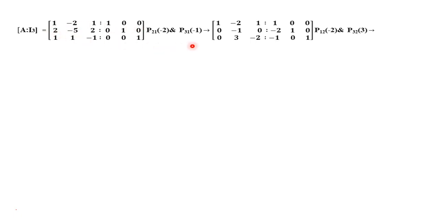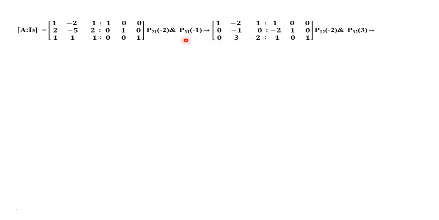So we get the new elements of the second row after performing the elementary row operation P21 of minus 2. Already we studied about this. So we get these new elements as 0, minus 1, 0, minus 2, 1, 0 instead of 2, minus 5, 2, 0, 1, 0.